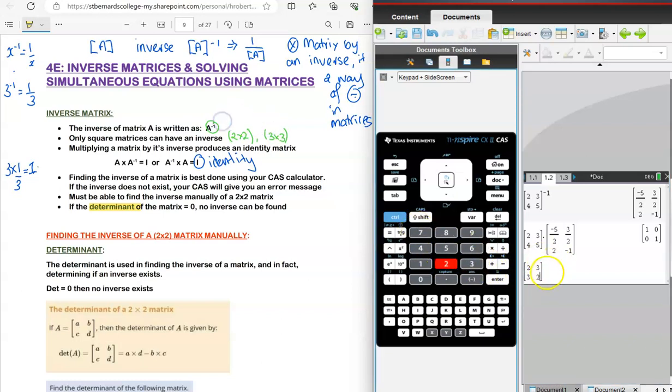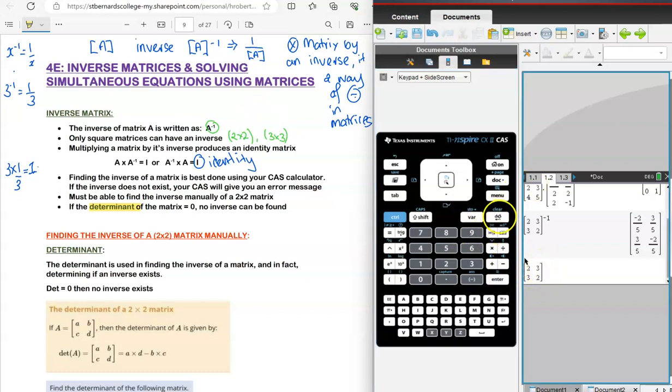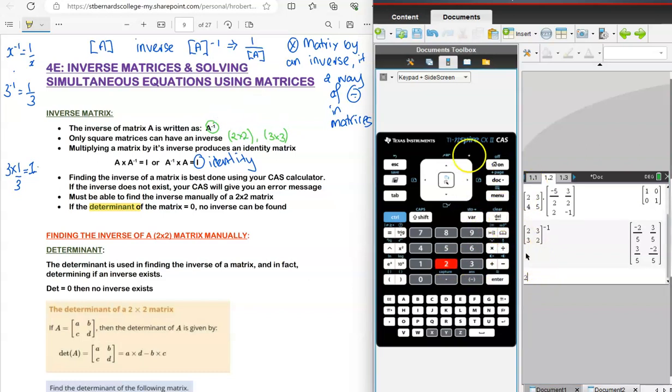If I try to raise this one to the power of -1, sorry, the determinant didn't equal 0 in that example.